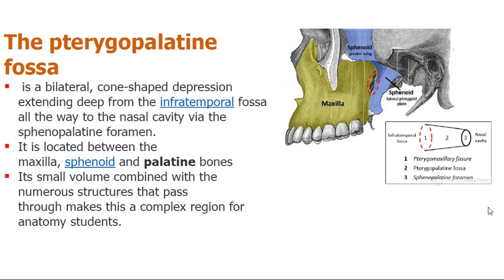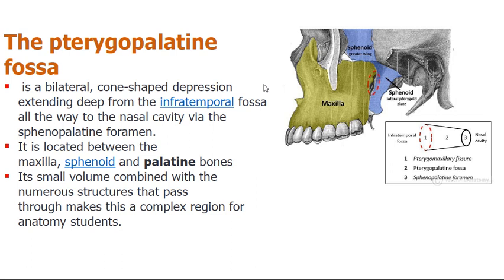extending from the infratemporal fossa through what is called the pterygomaxillary fissure. So the communicating point, or the canal, between the deep pterygopalatine fossa and the infratemporal fossa is through the pterygomaxillary fissure.